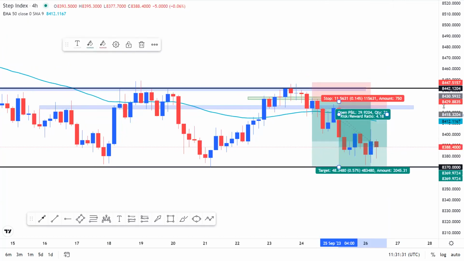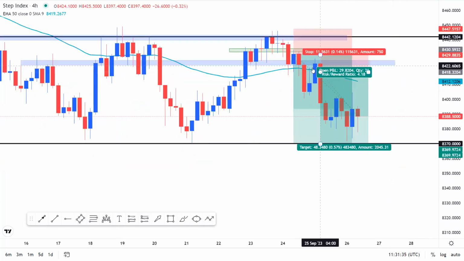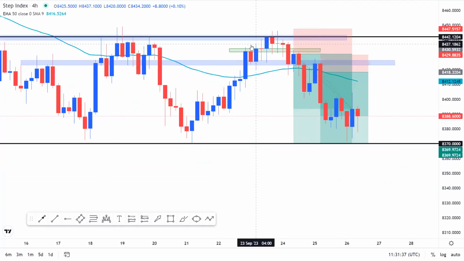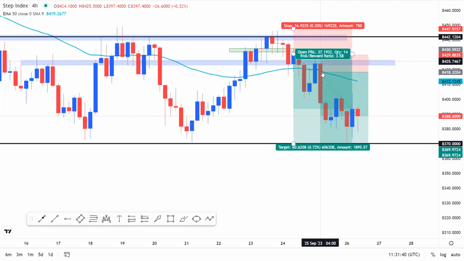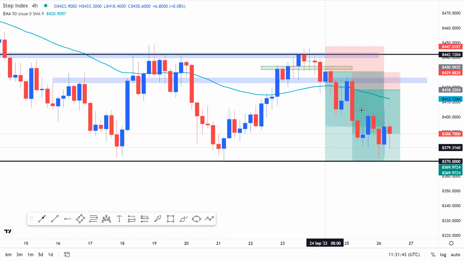And as you can see, after entering both trades at the retest of the neckline of the head and shoulder pattern, we had price tank to the downside in my anticipated direction.